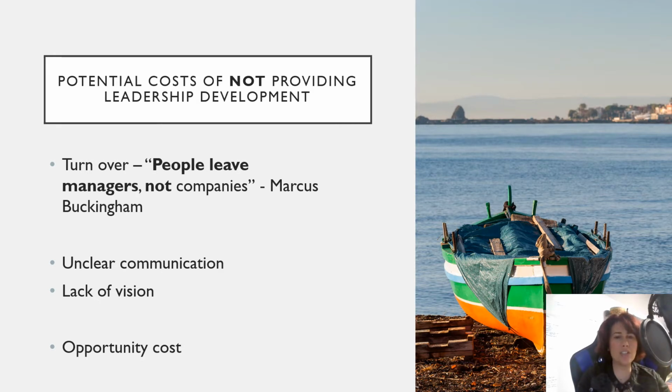I think there's a huge cost in turnover. We all know the saying, people leave managers, not companies. There's also the cost of unclear communication and a cost of being a lack of vision. But one of the things that I'd love to encourage you to think about is the opportunity cost related to not providing leadership development inside your organization.